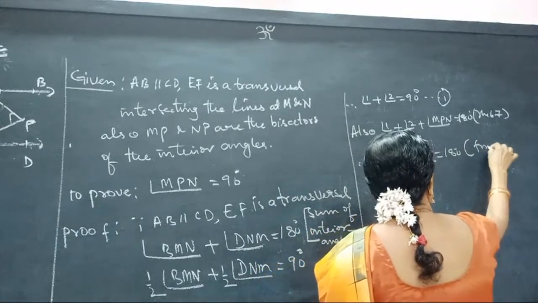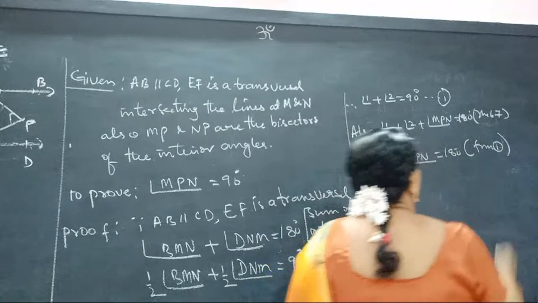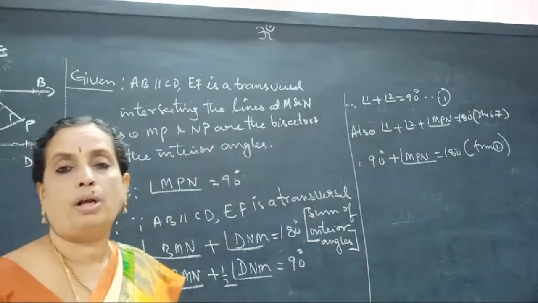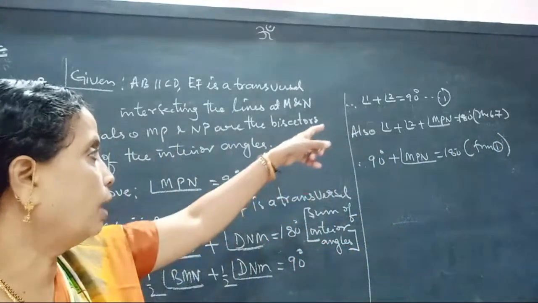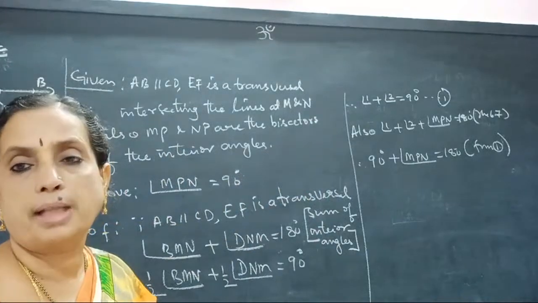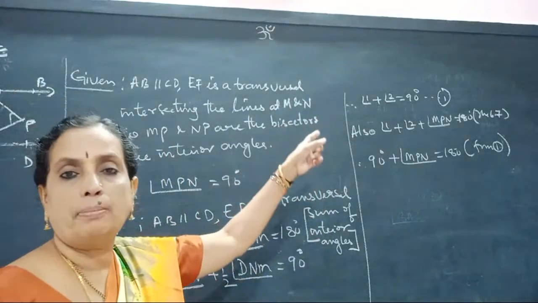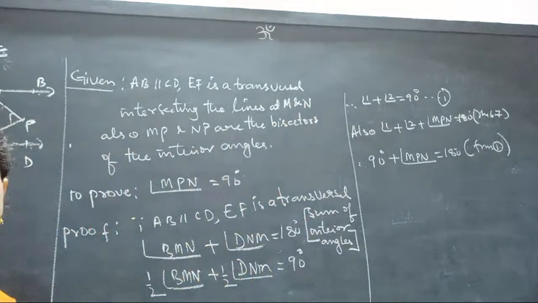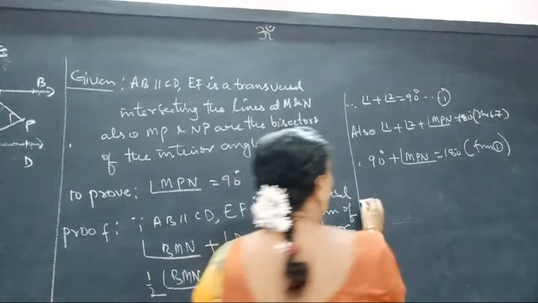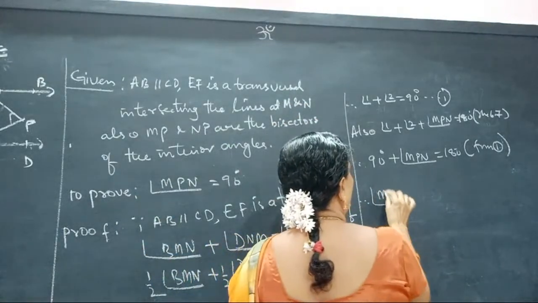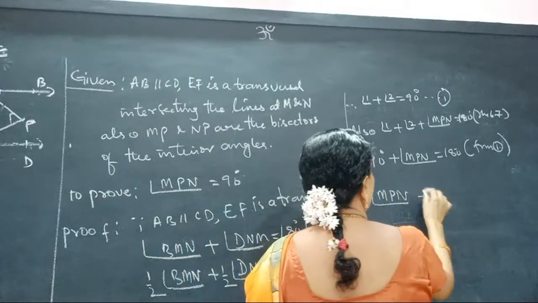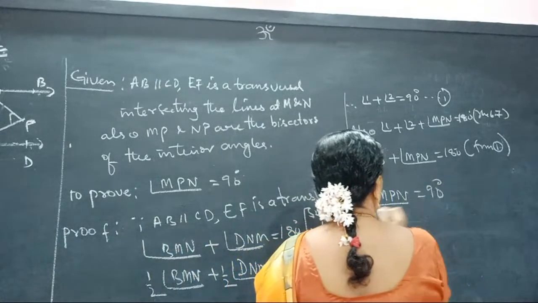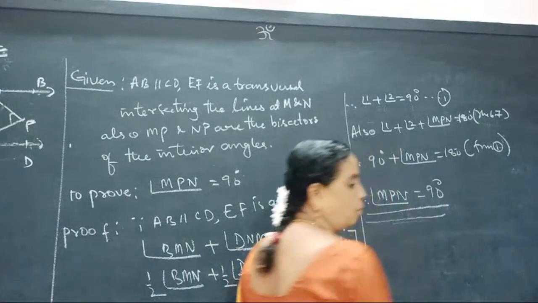Bracket you write from the result 1. Why we have taken 1 plus 2? Because we got the result 1 plus 2 is 90. How it is 1 plus 2 90? We have shown here. Okay? Therefore, angle MPN equals 90 degree. This is the result to be proved.